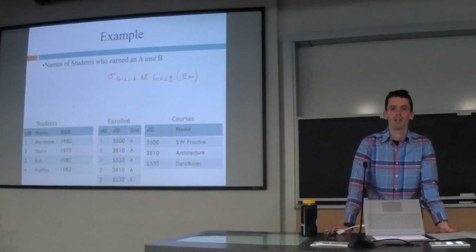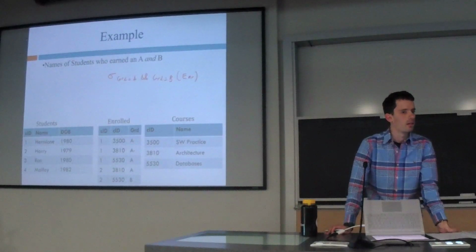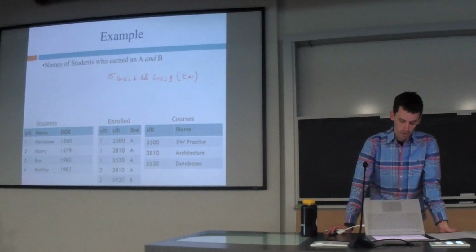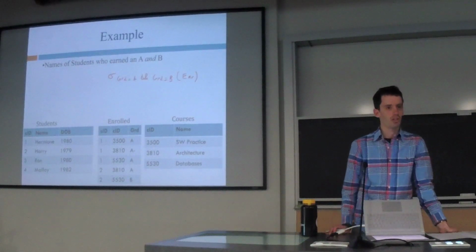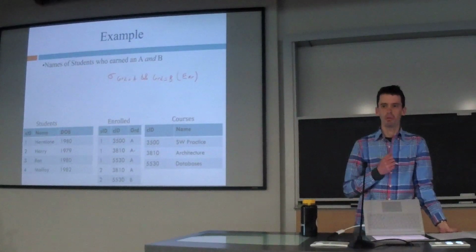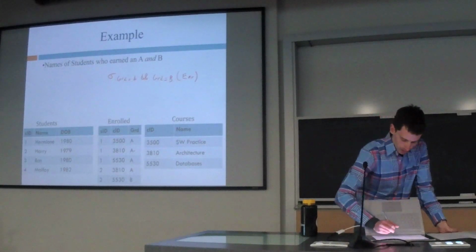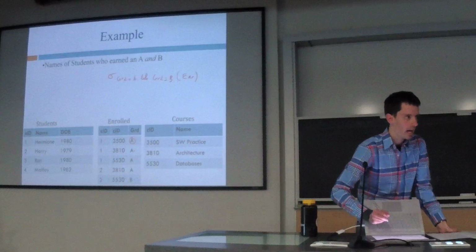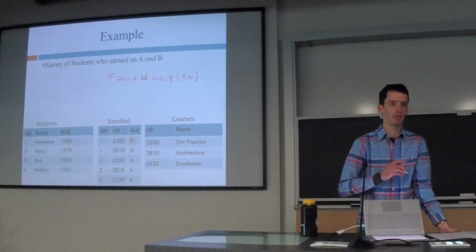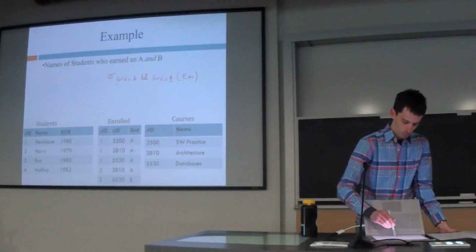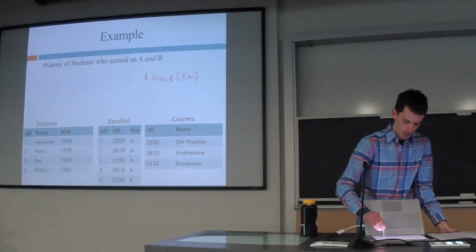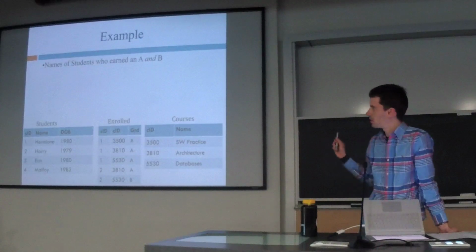What does that do? Does that work? So grade equals A and grade equals B from some tuple. It's not possible for a grade to be A and B. A grade is just one grade. So we can't do that. We can't really use the AND operator like English would suggest.